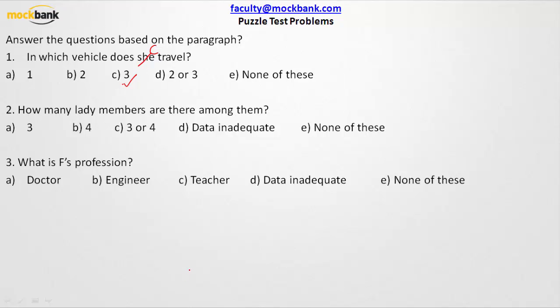How many female members are there in the family? We know for sure that there are 4 female members in the family. What is the profession of F? F for sure is an engineer. That is the answer. Answering does not take time. What takes time is writing the information systematically.